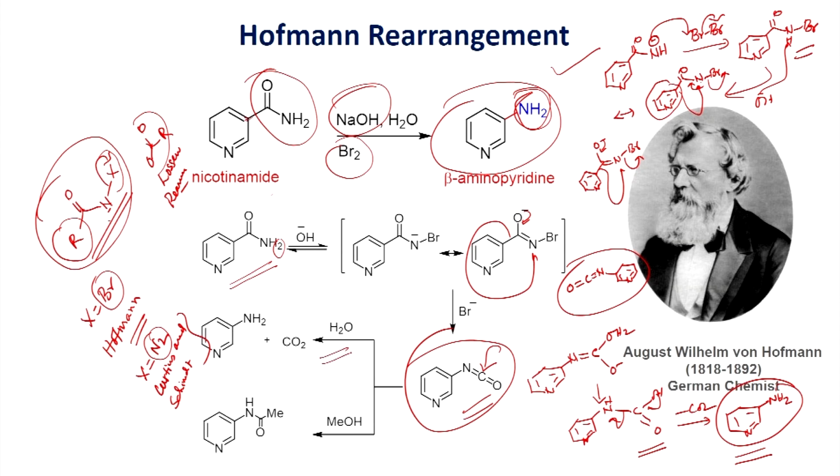For example, if you react with water, you produce the amine and you lose carbon dioxide. If you add another nucleophile, for example here methanol, so when you add methanol, you form this, and proton transfer can give this carbamate as the product.